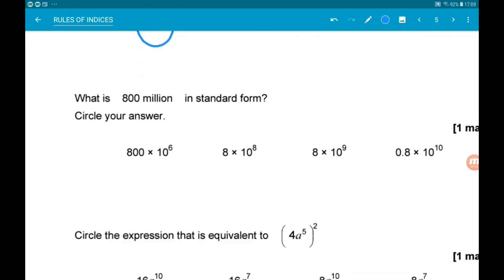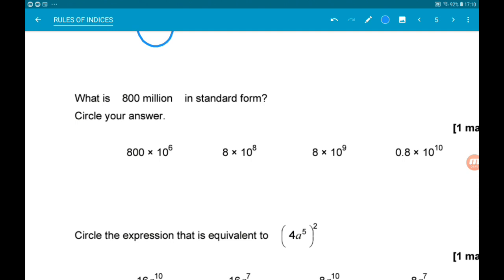Next up, what is 800 million in standard form? Circle your answer. So, not directly rules of indices, but as powers. 800 million means 800 times 1 million.